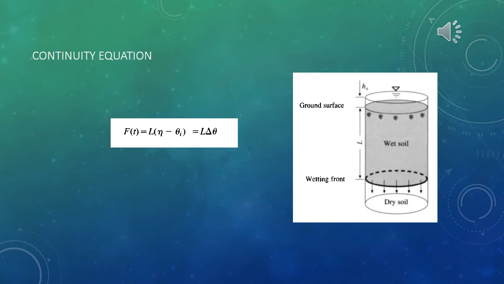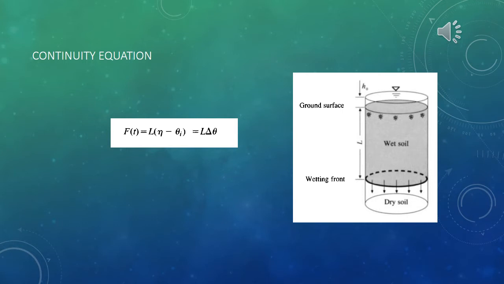The top H0 level is the ponding water layer. The gray shaded area is wet soil between the ground surface and the wetting front, and after the wetting front we have dry soil, which the infiltrating water will try to wet.